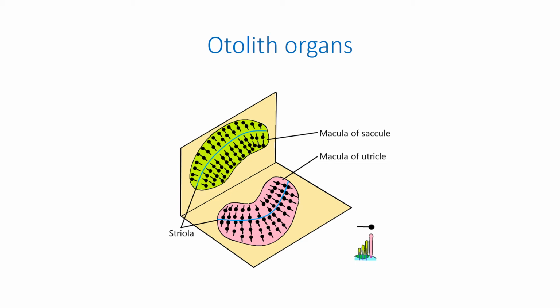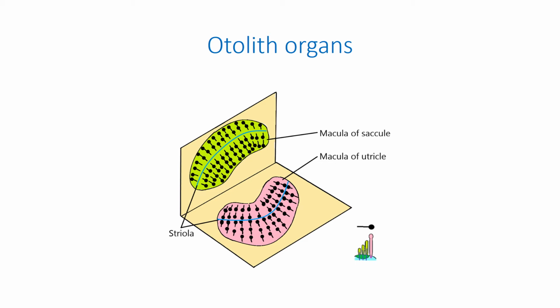Note that in an upright individual, the macula of the saccule is oriented in a plane close to the vertical, and the macula of the utricle in a plane close to the horizontal. In this posture, the saccule responds to movements of the head in the vertical plane, up-down, and forward-backward movements.